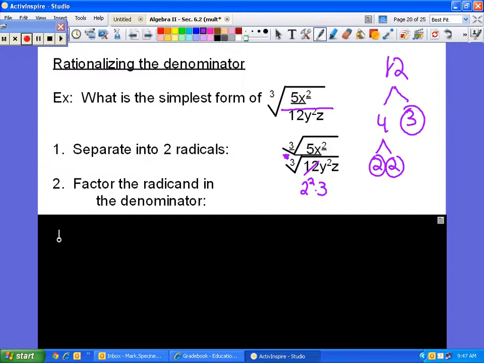Okay, now, there's a reason that I'm doing that. I just explained, and who can remember, what it means to rationalize the denominator. If you think about the term rationalize, the square root of 12, or in this case the cube root of 12, is an irrational number.